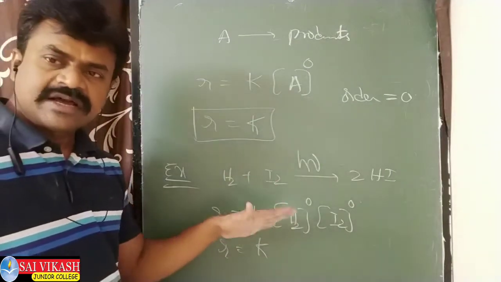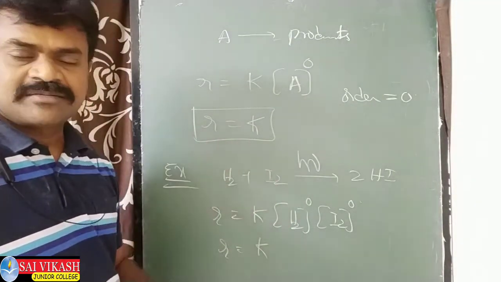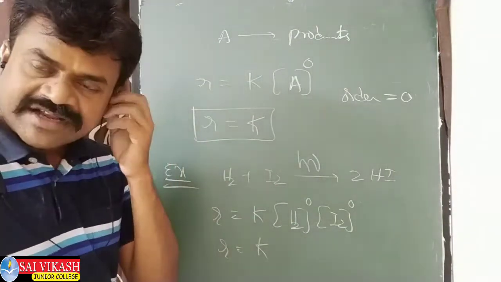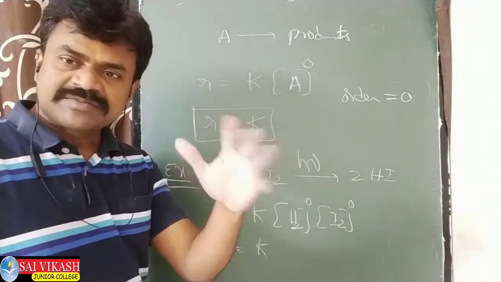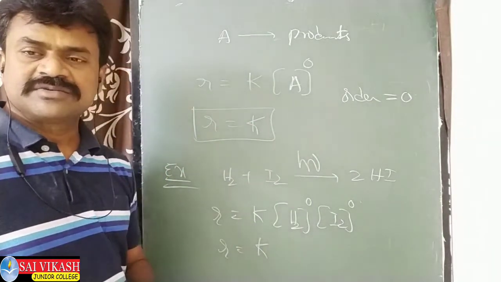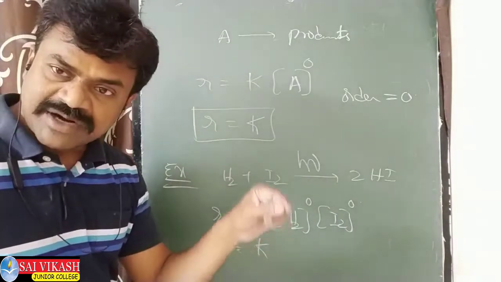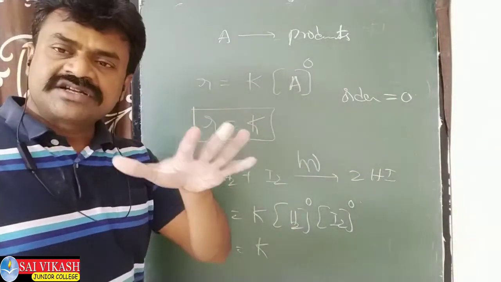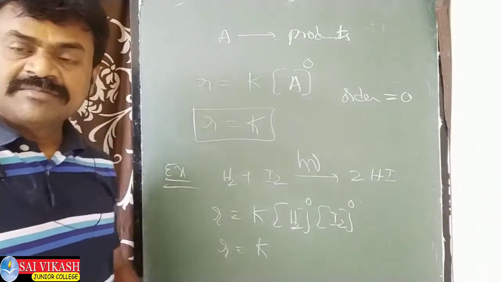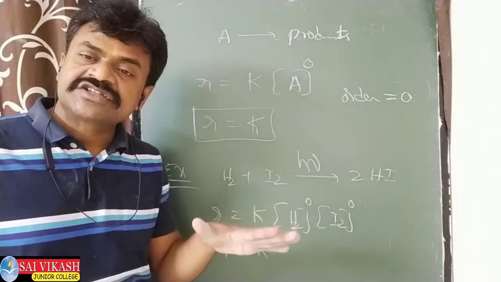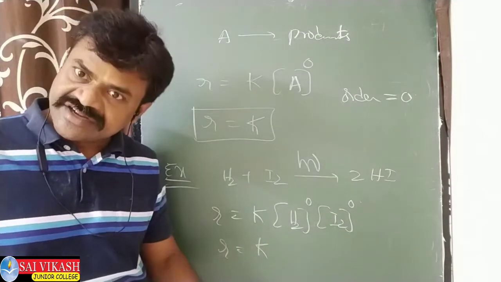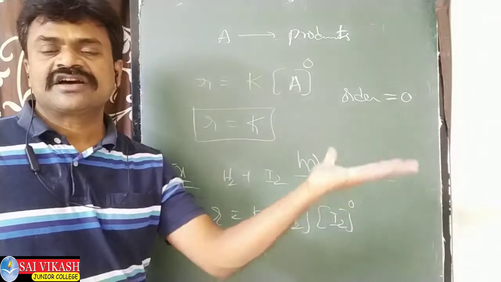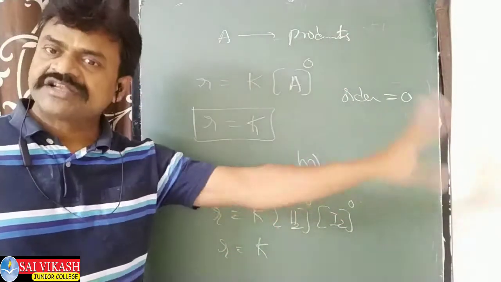These are examples of zero order reactions. Zero order reaction doesn't mean that the reaction is not possible. Here the reaction is possible, but it is going on at constant speed. That means the decrease in the concentration of reactants is constant, and the increase in the concentration of products is also constant.